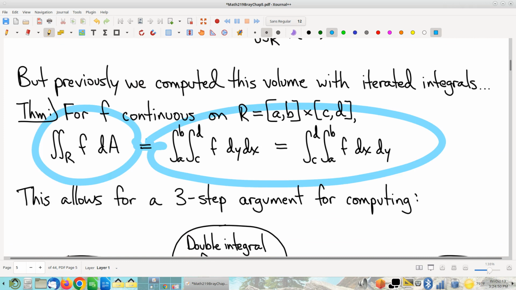That's old news. We knew that. But notice in particular, the integrand for the double integral is the same as the integrand for the iterated integral. Right? So the integrand, we know. If we're interested in a double integral, we instantly know the integrand. It's the exact same for the iterated as for the original double.